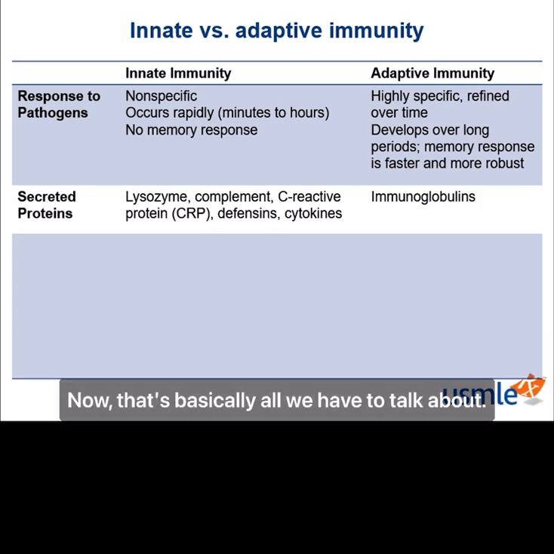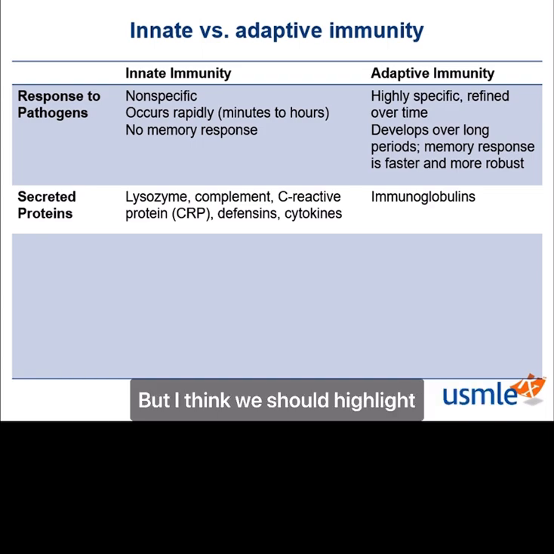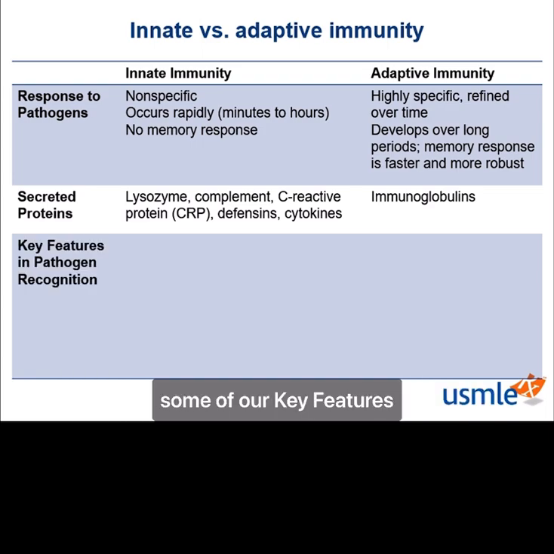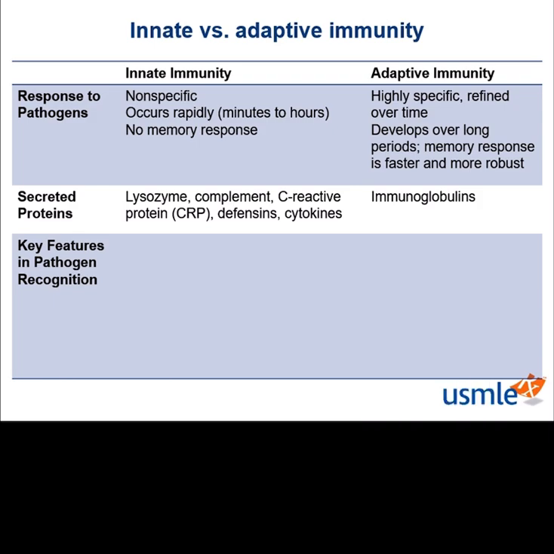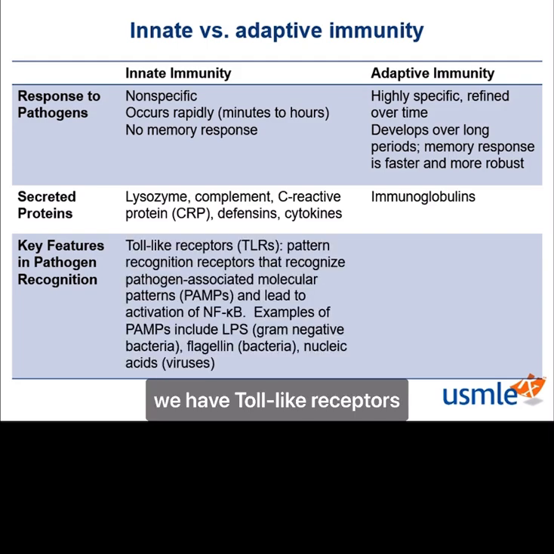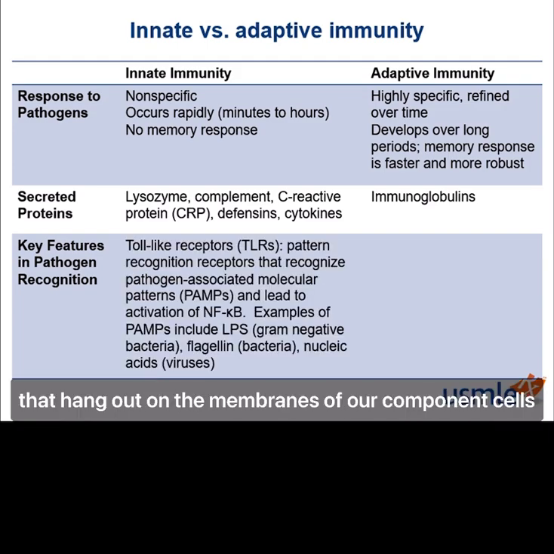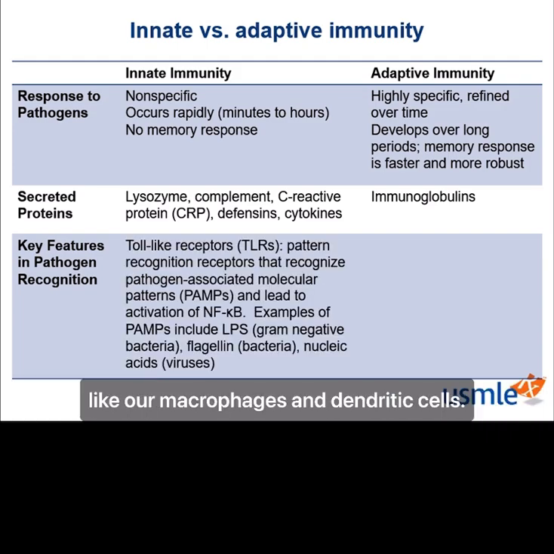Now, that's basically all we have to talk about. But I think we should highlight some of our key features that our innate and adaptive immunities need to recognize those pesky pathogens. In our innate immunity, we have toll-like receptors that hang out on the membranes of our component cells, like our macrophages and dendritic cells.